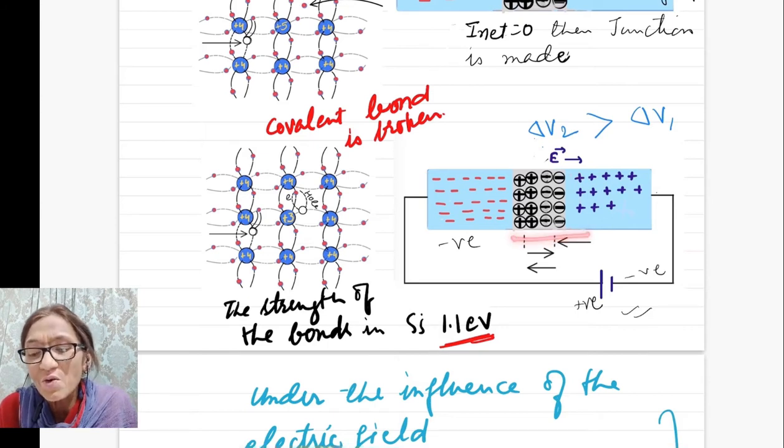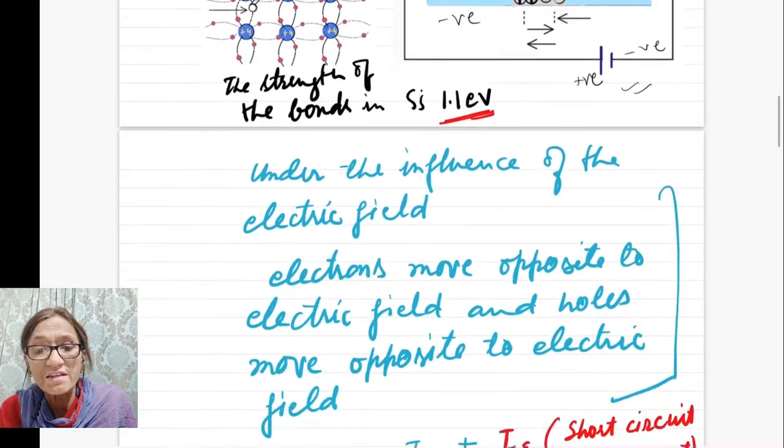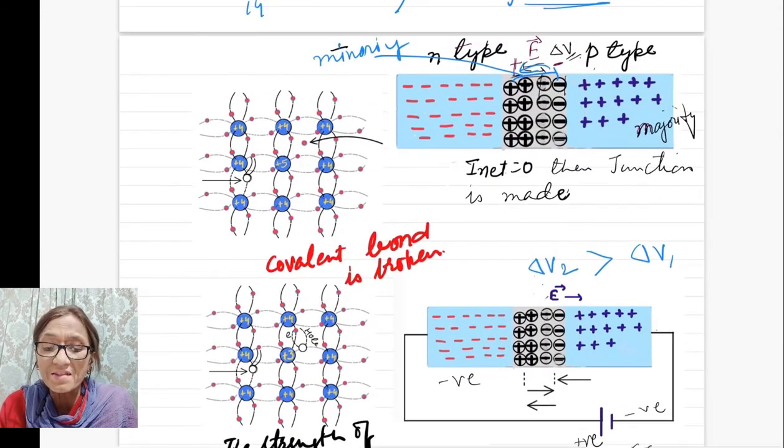But the scenario here is totally different. This potential is not generating these drift currents. This drift current is already there. This potential is just barring the diffusion current. So the diffusion current is not cancelling the drift effect, so the drift effect appears clearly.